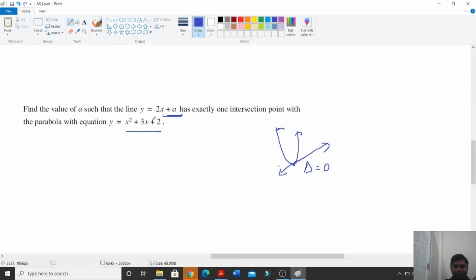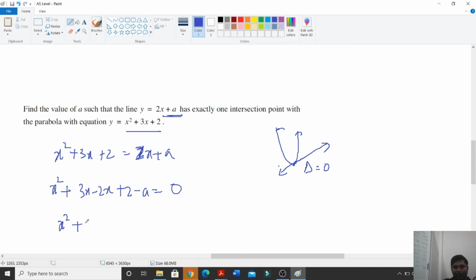So first step, equate both the y's and form a quadratic in x. So x squared plus 3x minus 2x plus 2 minus a equals 0. So x squared plus x plus 2 minus a equals 0.